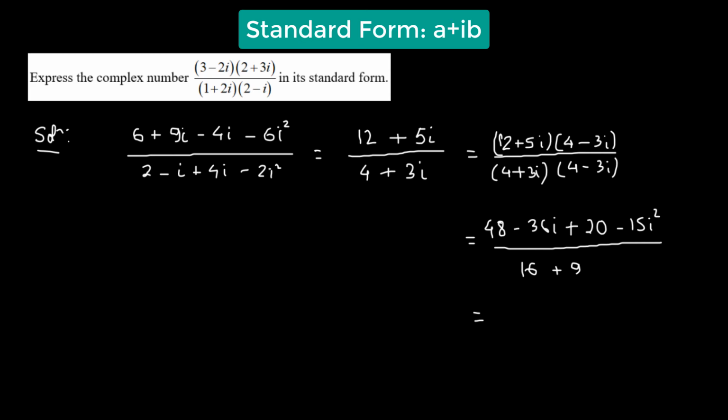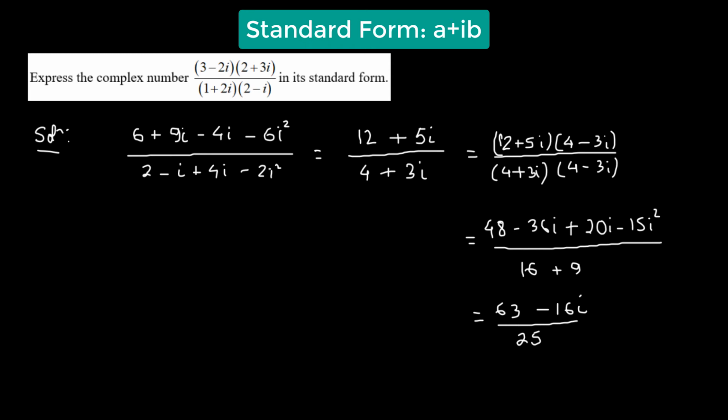So we have 48 minus 15i squared, which is simply 48 plus 15, so that would give us 63, and this is a 20i here. 36 minus 36i plus 20i is negative 16i, divided by 25.